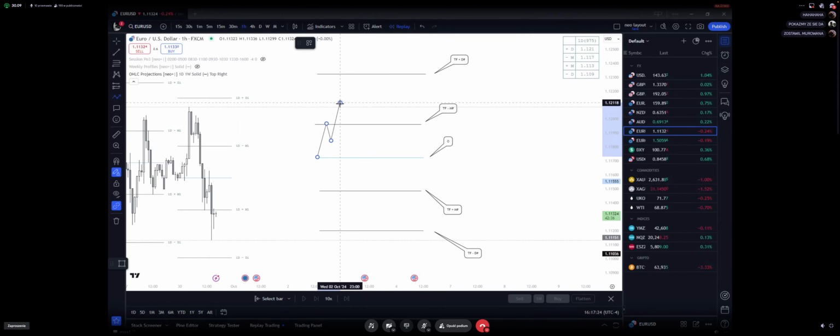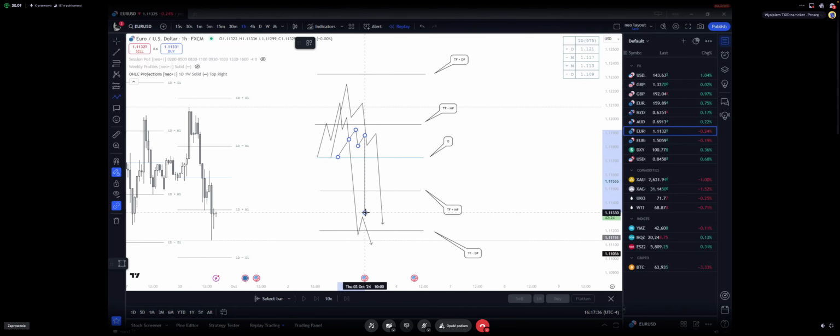For example, you're gonna have days where it looks like this, days where it goes a bit further up, days where it goes below it and doesn't reach that level, and days where it goes exactly to that level. Basically what you're going to get is this average.